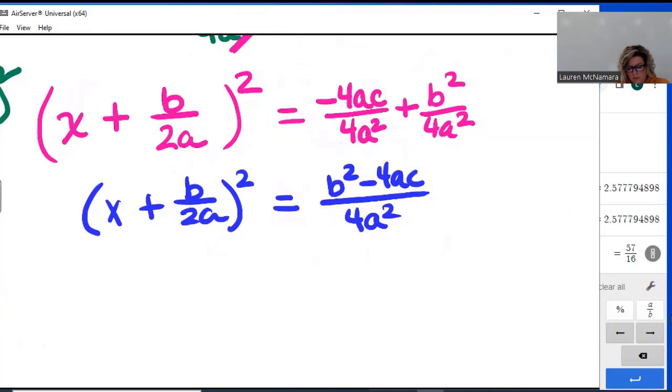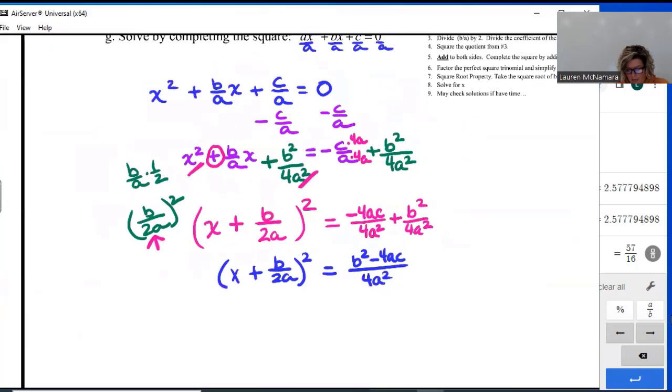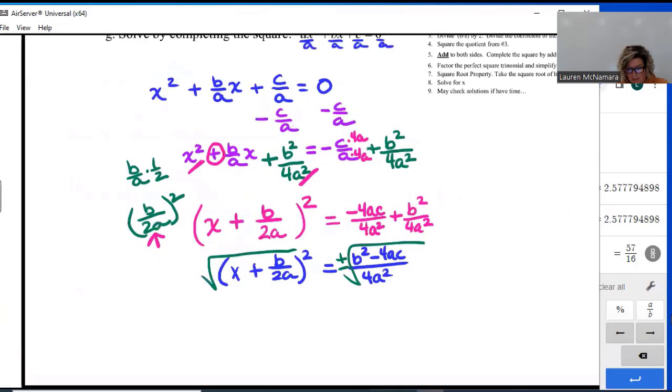Now I want to unsquare it. How can I unsquare it? Yeah, I'm going to take the square root of both sides, plus and minus. Don't forget about your plus and minus.